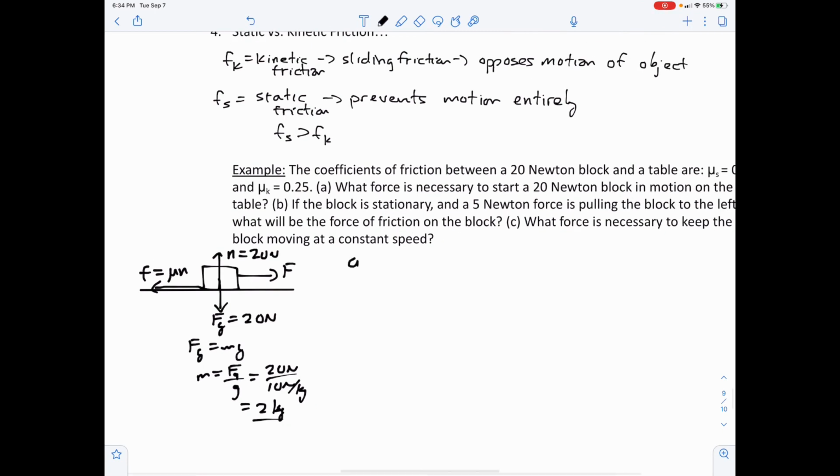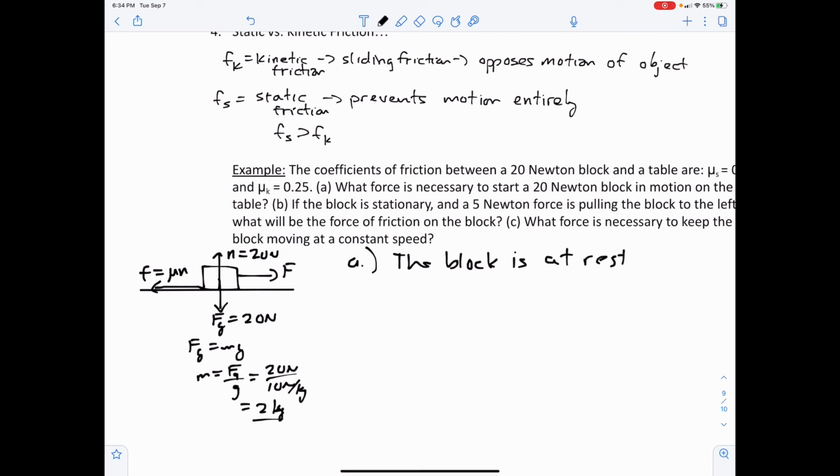For part A, it's asking what force is necessary to start the block in motion. So, in other words, the block is currently at rest.